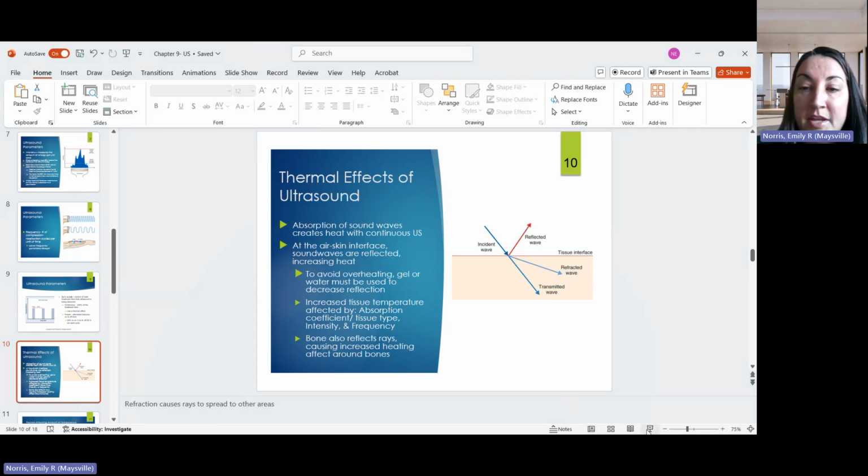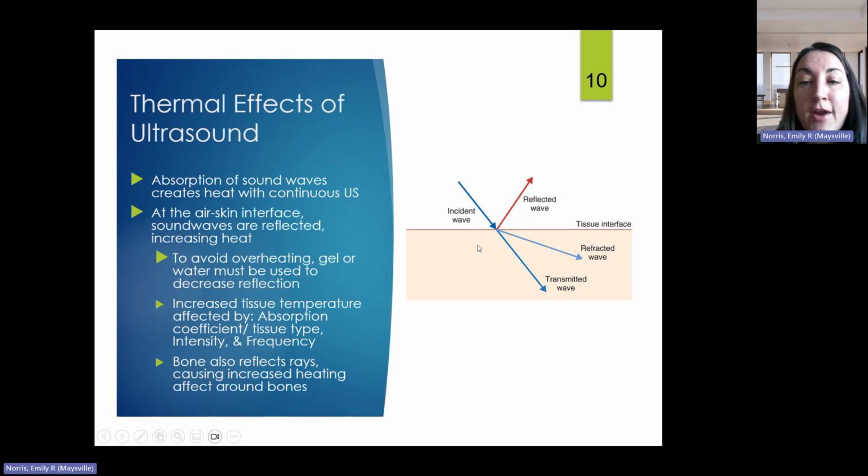Another point I wanted to make was that refraction causes the rays to bend and spread to other areas. So even if you're just doing the ultrasound in a small area, the surrounding tissues are getting some of those waves and still having effects.